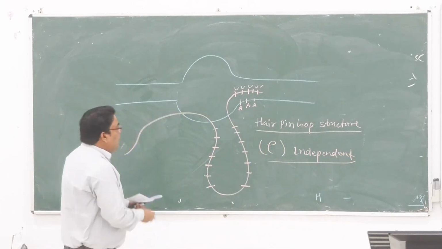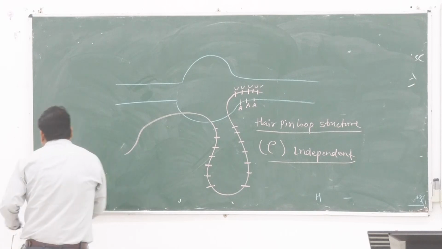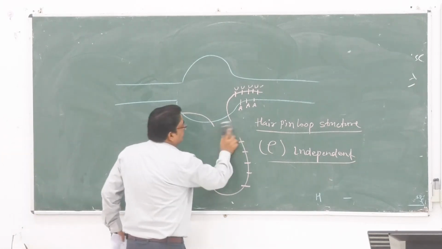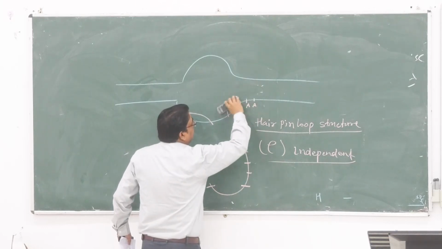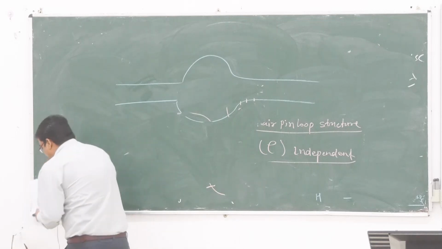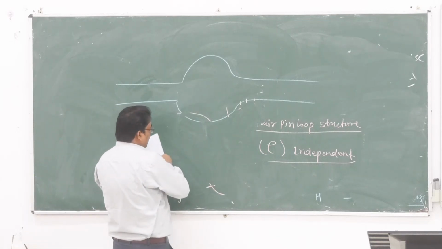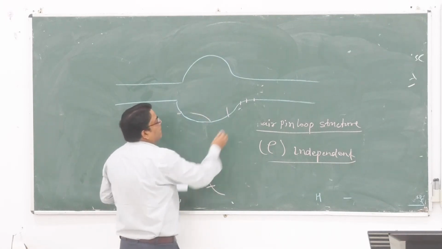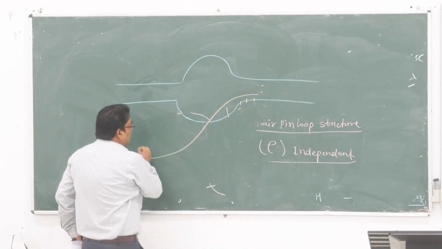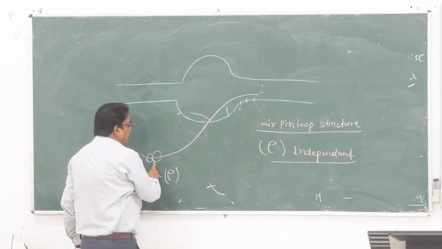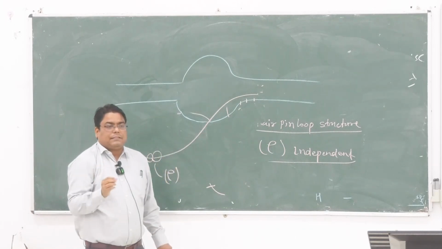Okay? And in the same process, what happens in rho dependent? There is no formation of a loop-like structure. There is simply a protein present which is called rho, and it has the property of helicase.